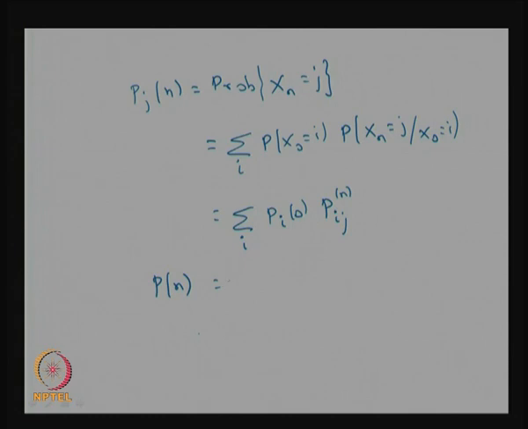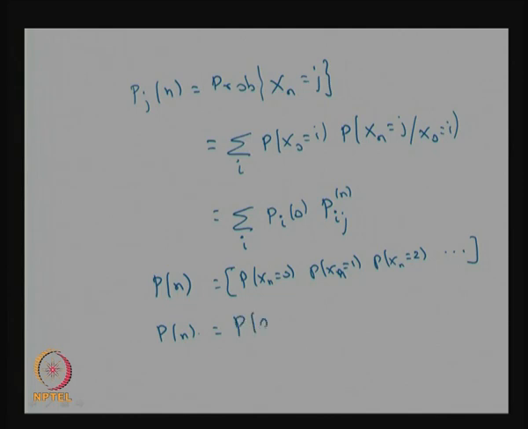So, this is the probability that in the nth step the system will be in state 0, or in state 1, or in state 2, and so on. This is the vector. So, the p of n you can find out in the matrix form by using the above equation.